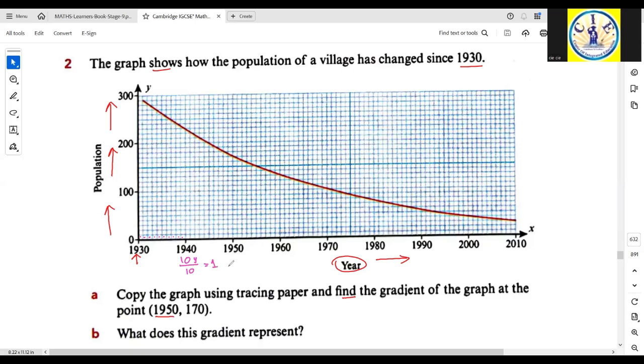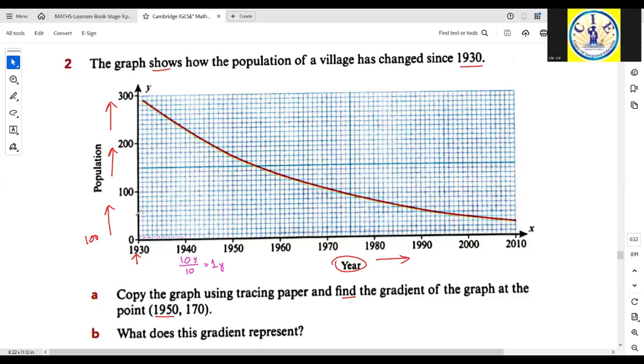That means one box represents 1 year. Now for the y-axis, we see that these 10 small boxes represent population change in hundreds.